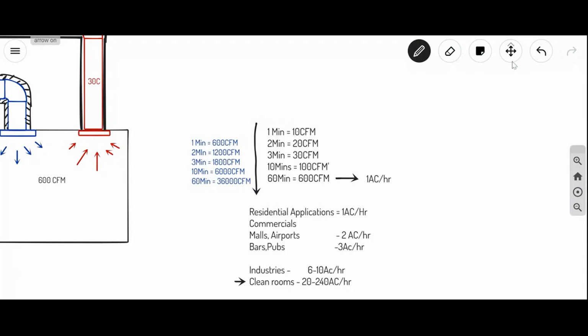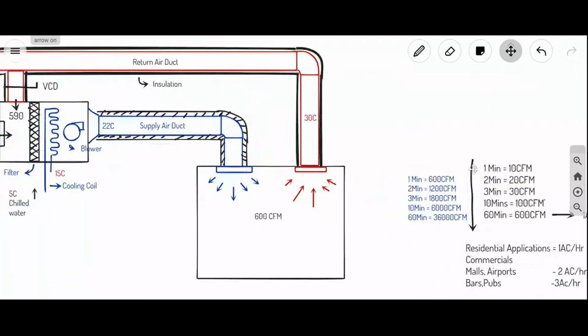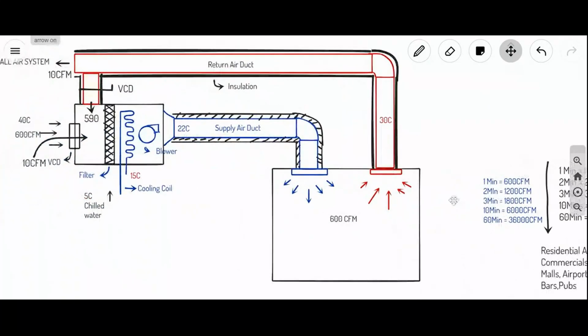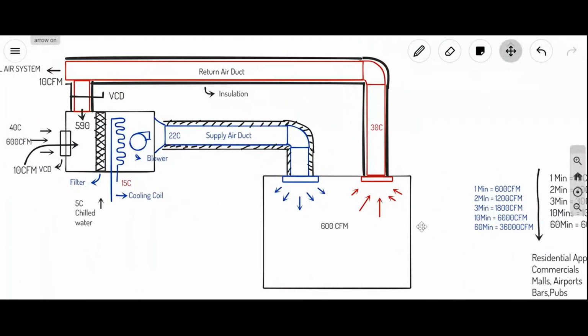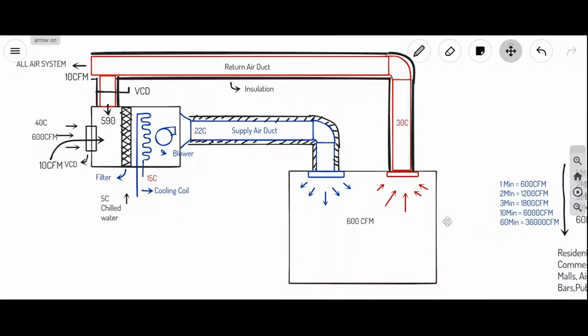Sir, we have one doubt. This room needs 600 CFM. Okay, but we are installing an exhaust fan also, sir, in this same room. Exhaust fan? What is the use of an exhaust fan in an air conditioning room? Each one has an AHU, same, but with an exhaust fan also, sir.